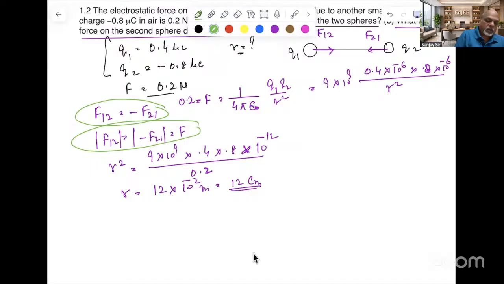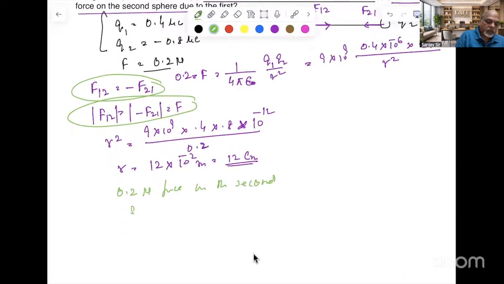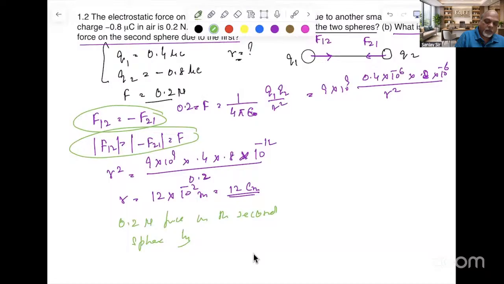So that means 0.2 Newton force will be on the second sphere by the first.